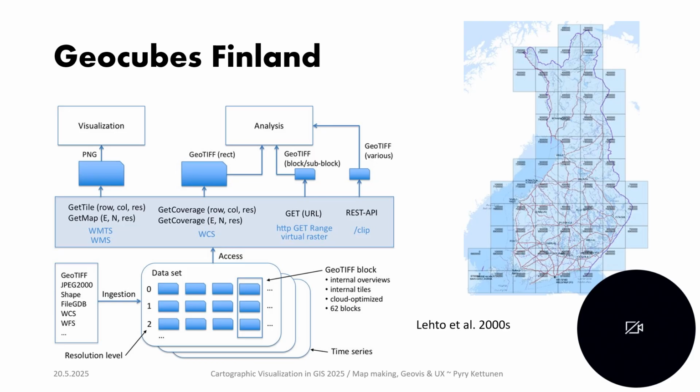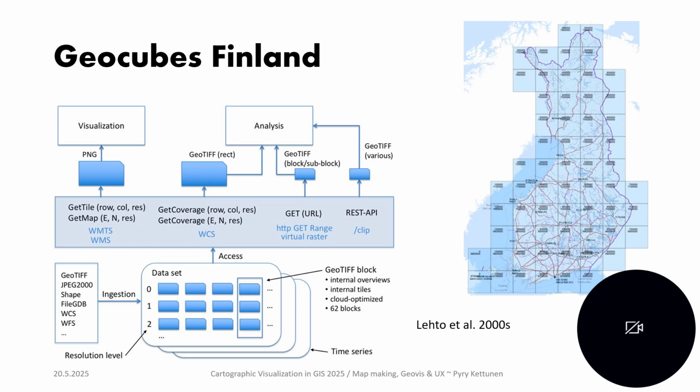This GeoCubes Finland, this is one example of that, made at our department by Lassi Lehto and colleagues through efforts of 20 years, which is a multi-scale API, a very technically very efficient one for searching and for querying and fetching data from nationwide.